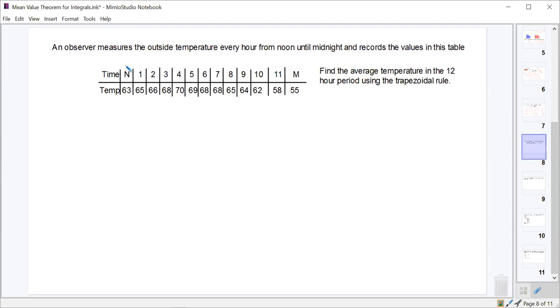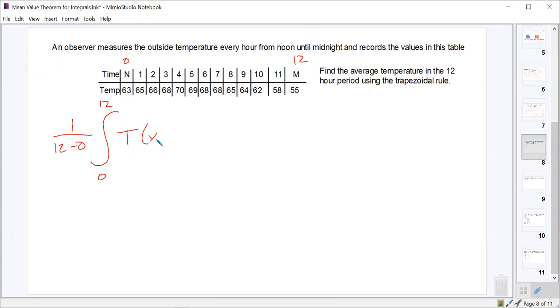Yep, this should be a continuous function. So if we want to find the average temperature of a continuous function, we need to do 1 over the ending value, b, minus the starting value, 0, times the integral from 0 to 12 of our function.